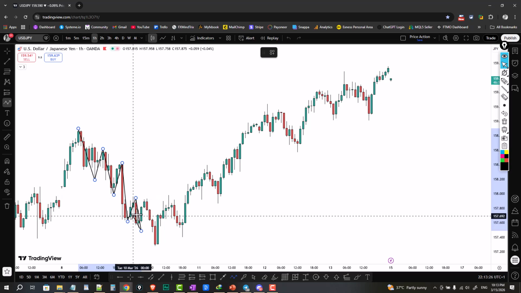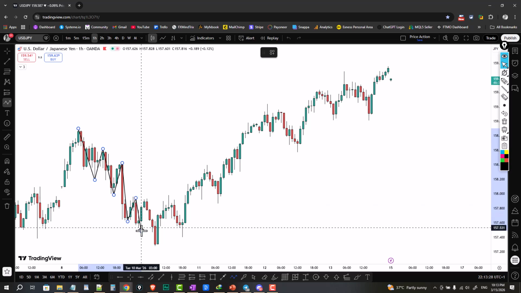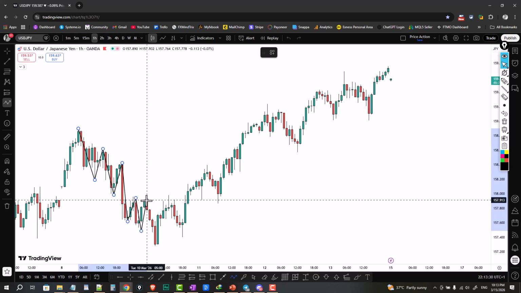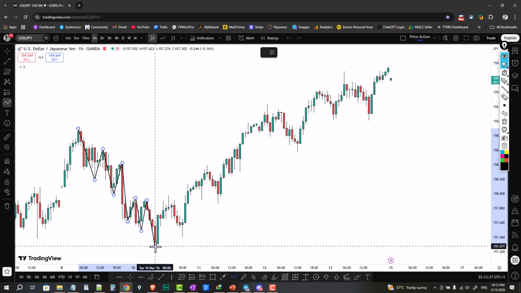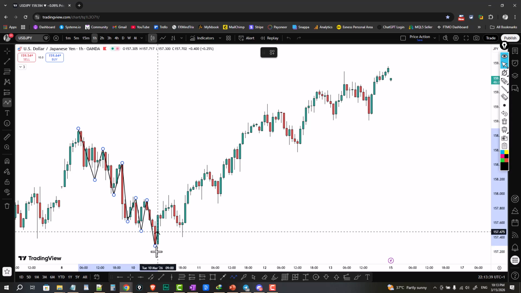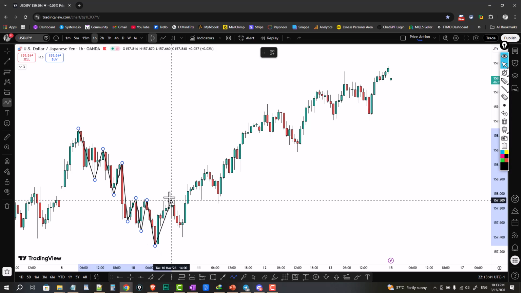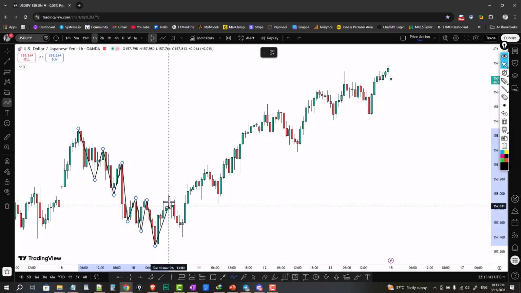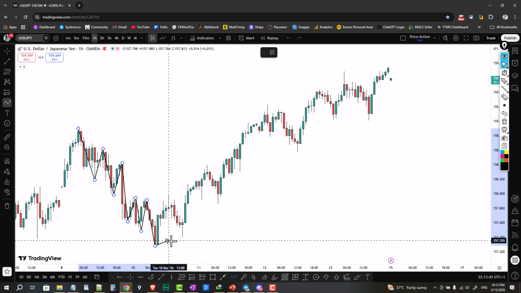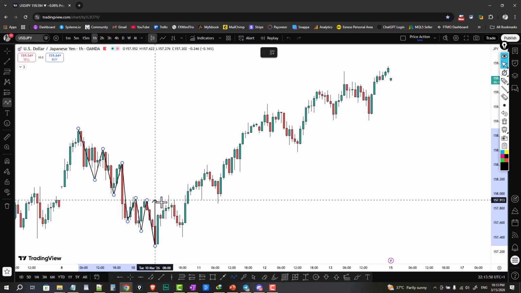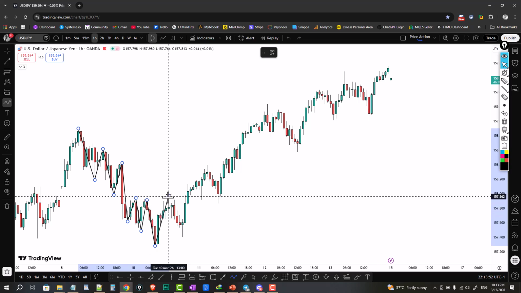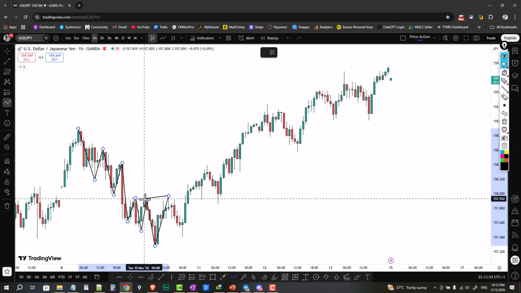But you can see that even though price was forming lower lows, the lower highs were increasingly getting closer and closer, okay? And then the lower lows, all of a sudden, after price printed this low, it couldn't even continue printing lower lows. And then this high that was printed is no longer a lower high, because this high is actually higher than this previous high.